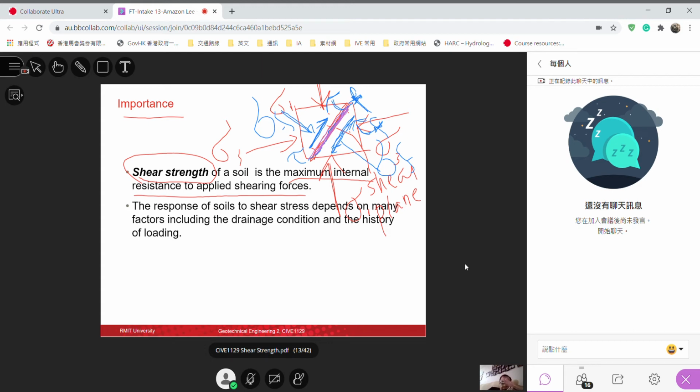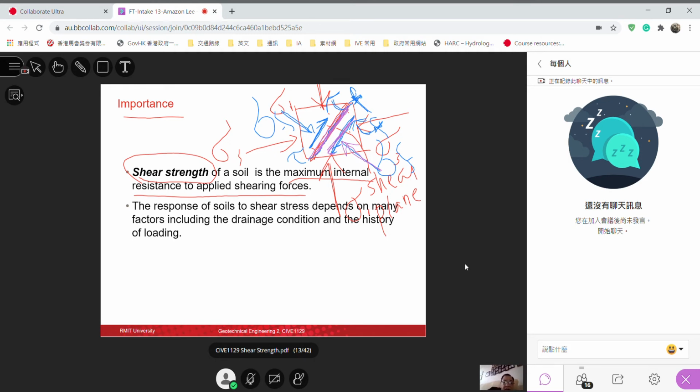And from that, it's able to mobilize the shear resistance along this failure plane, just like this shear resistance is mobilized by this normal stress on the lower shear plane.